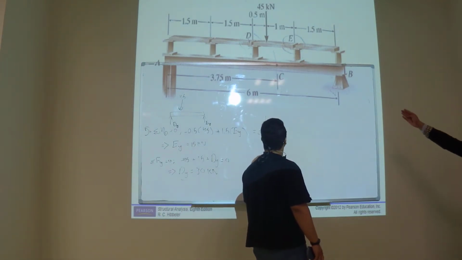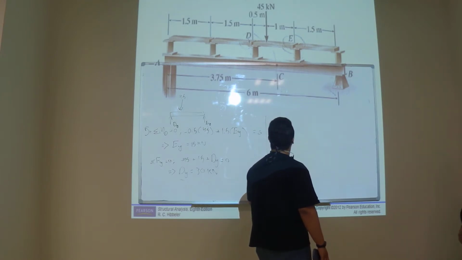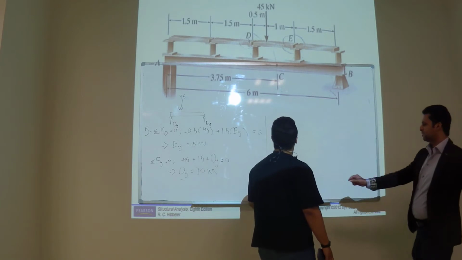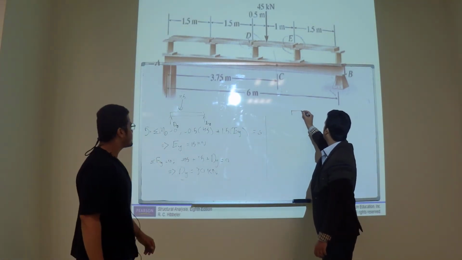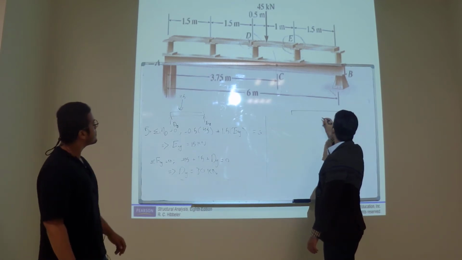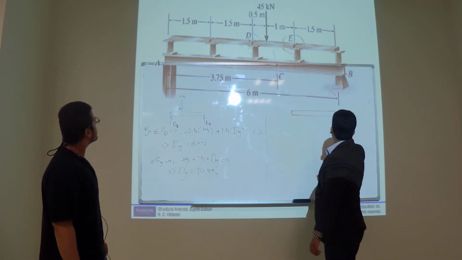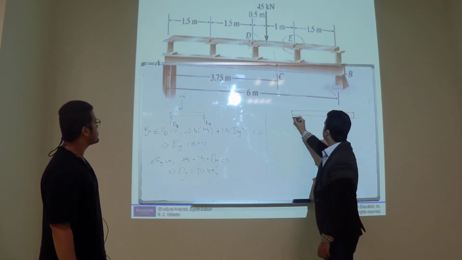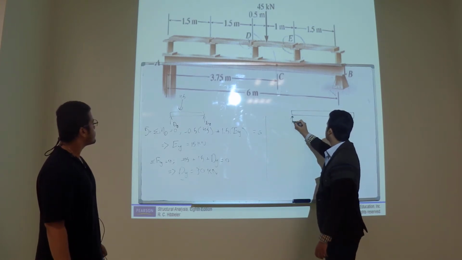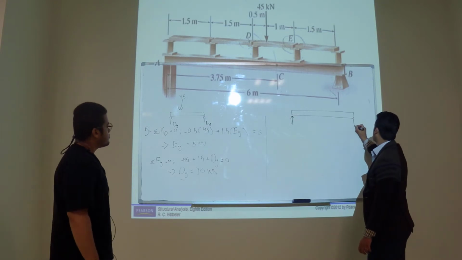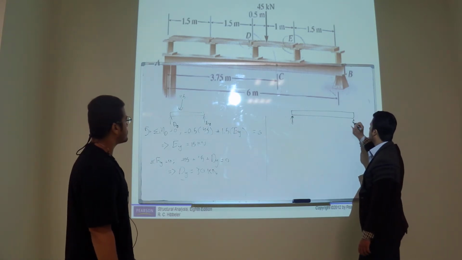First draw this girder and show the forces. I'll help you. Just draw this girder. This is girder AB. You can consider this simply supported. There is no horizontal force, so the horizontal reaction will be zero. Okay.